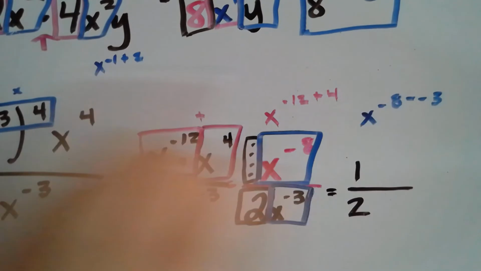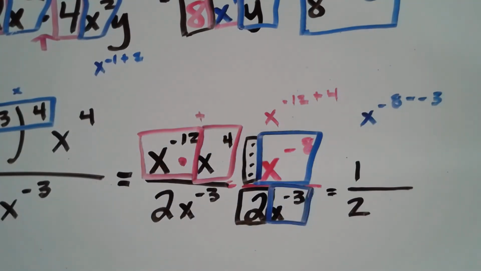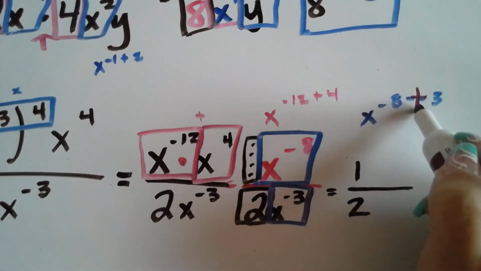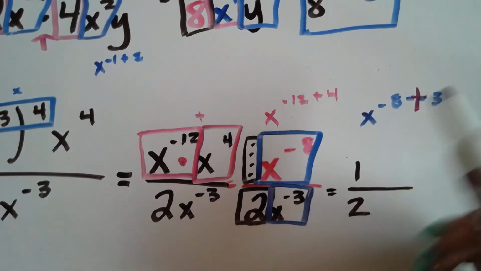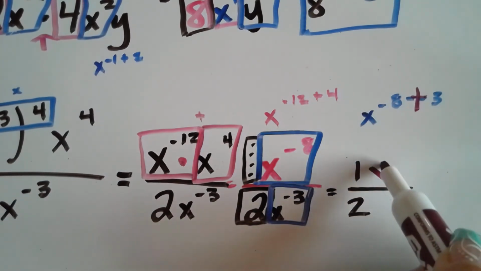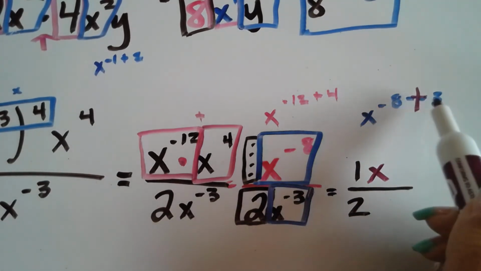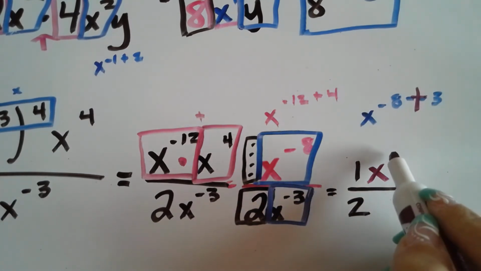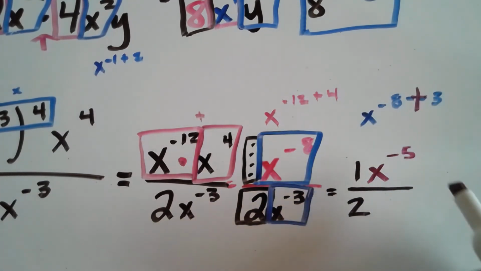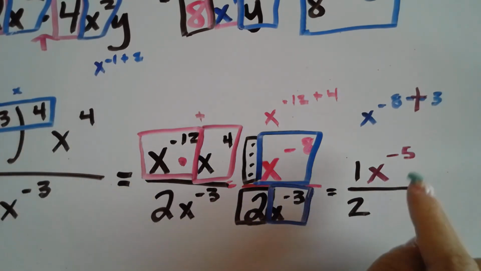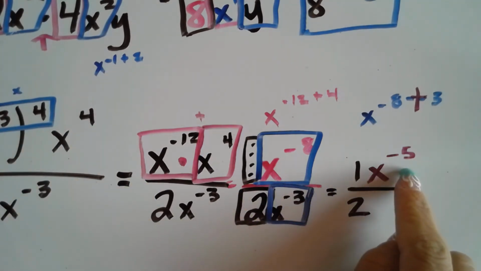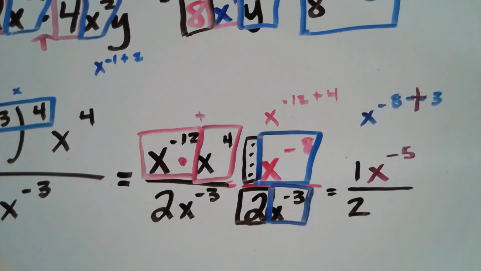When I have a negative and a negative, that makes it a positive. So I know that it's going to be x to the negative 8 plus 3, which is negative 5. Now, what do I notice about this one that I'm going to have to do? I see that I have a negative exponent right here.